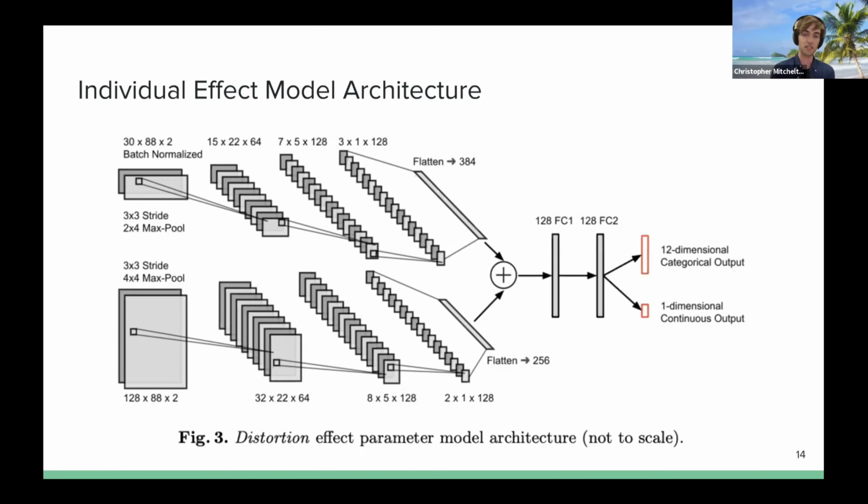And then depending on the effect, this embedding layer is connected to different output layers. So for distortion, it would be a 12-dimensional categorical output, since we have the different modes of distortion. And then for the effects that have continuous outputs, we also have a dimensional continuous output that tells us how to turn the knobs for that effect.